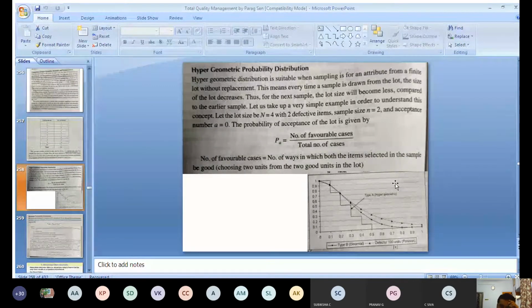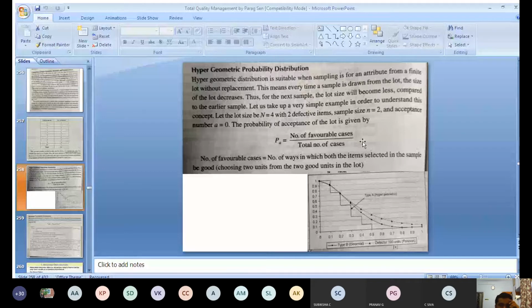Why do we consider these things? Because your formula for probability of acceptance will change depending upon these distributions. In case of hypergeometric probability distribution, the probability of acceptance will be given by number of favorable cases divided by total number of cases. This is very simple.